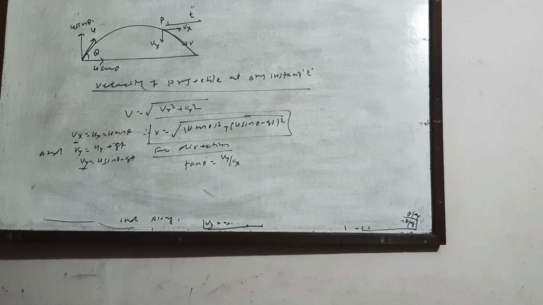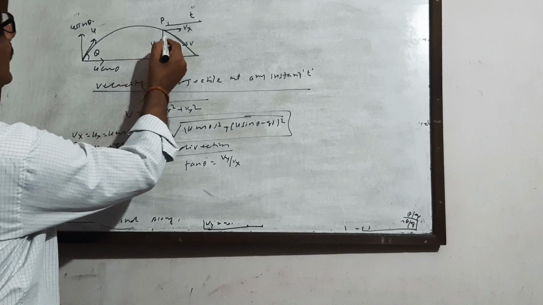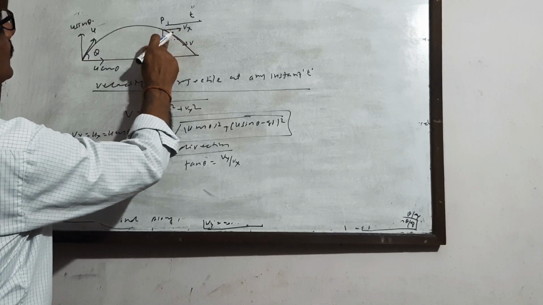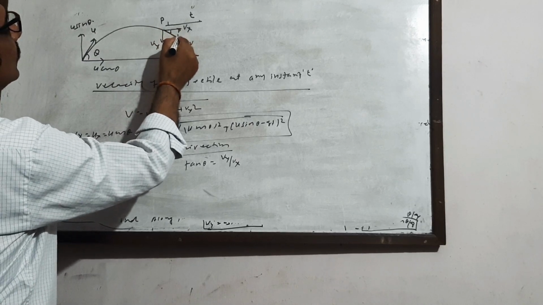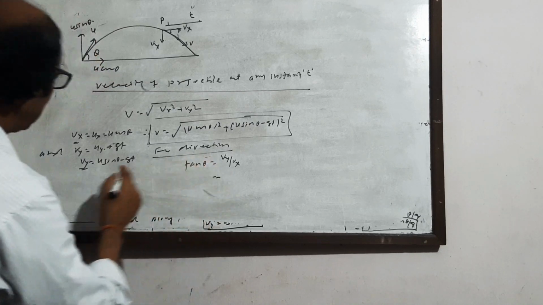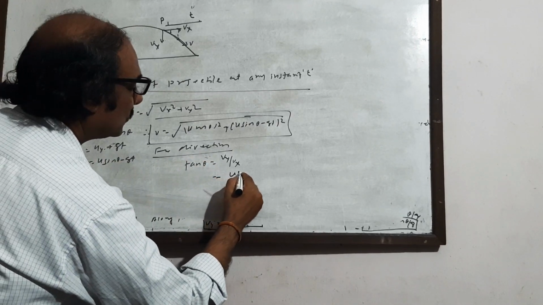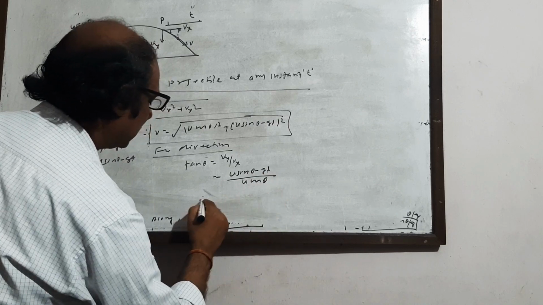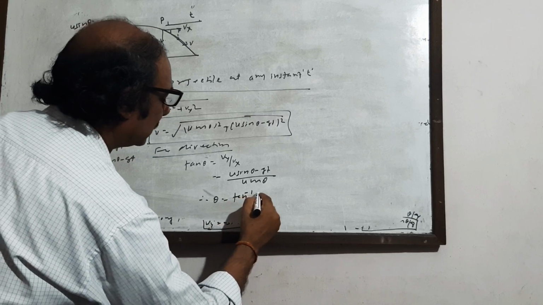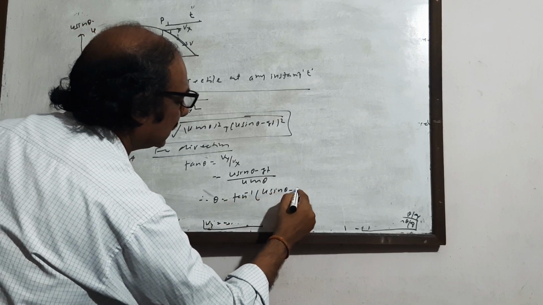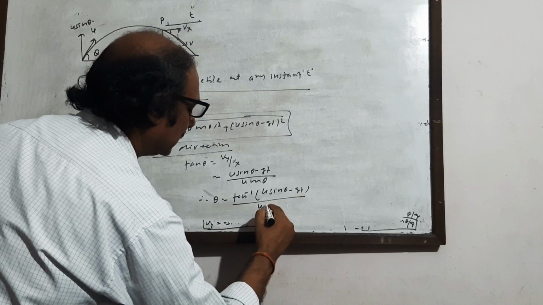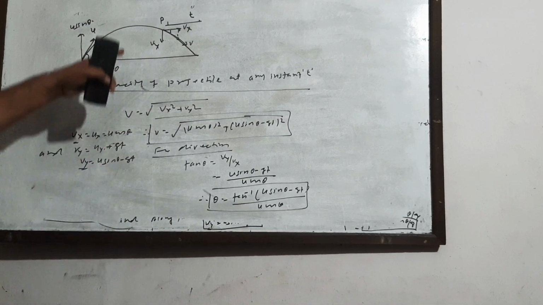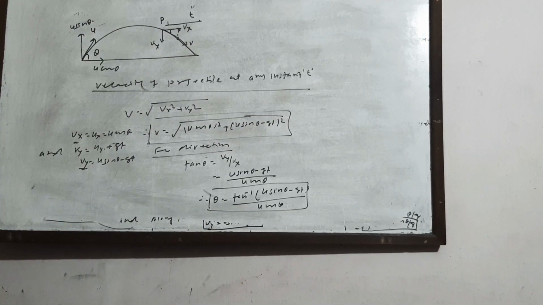So vy equals u sin theta minus gt, and vx equals u cos theta, and therefore theta equals tan inverse of u sin theta minus gt by u cos theta. This is the direction of the projectile at any instant or at any point P.